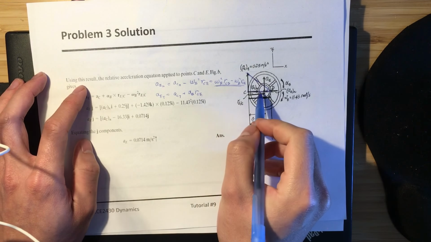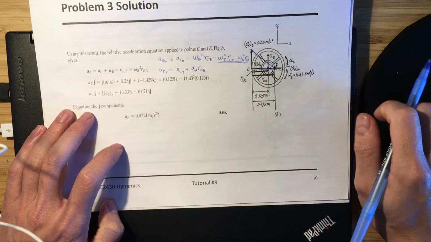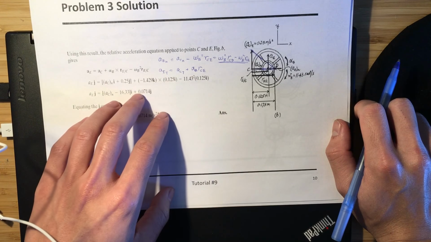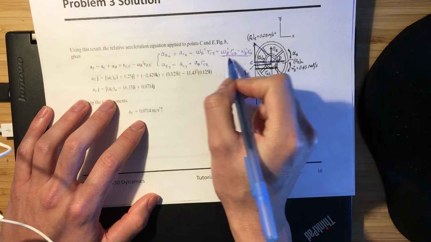Because it's a reference to the E point, so it's CE. Okay, and that's it. We have two components, transverse and normal.